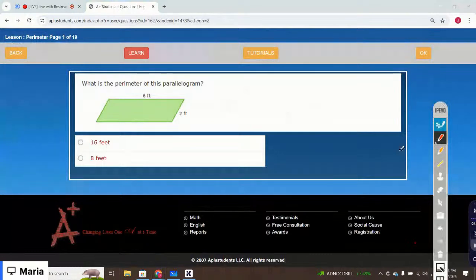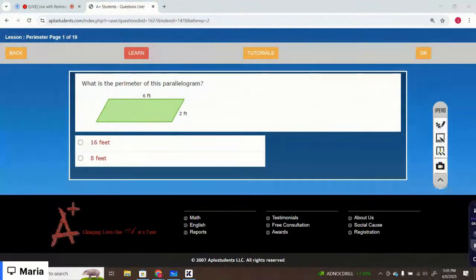Let's just start with the test questions. What is the perimeter of the parallelogram? Perimeter is the sum of all the sides. So which is the correct option? That is 16. Option number 1 is the correct option.